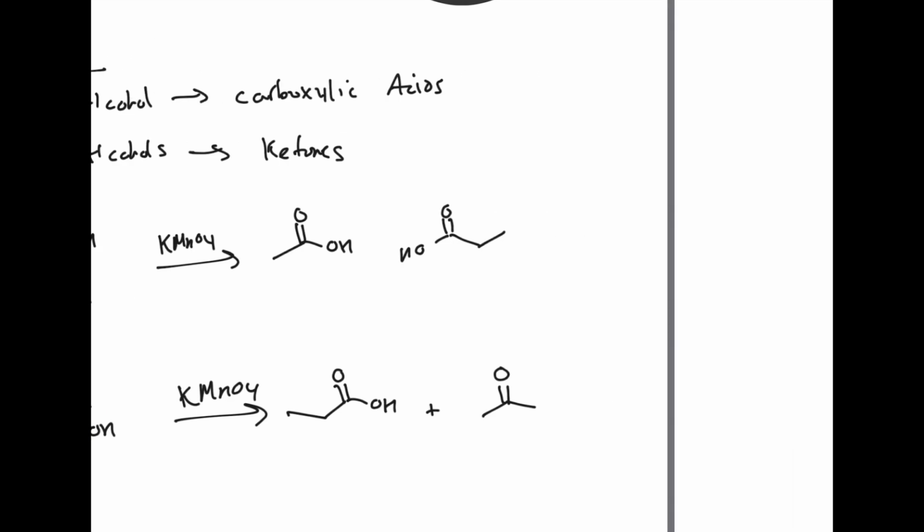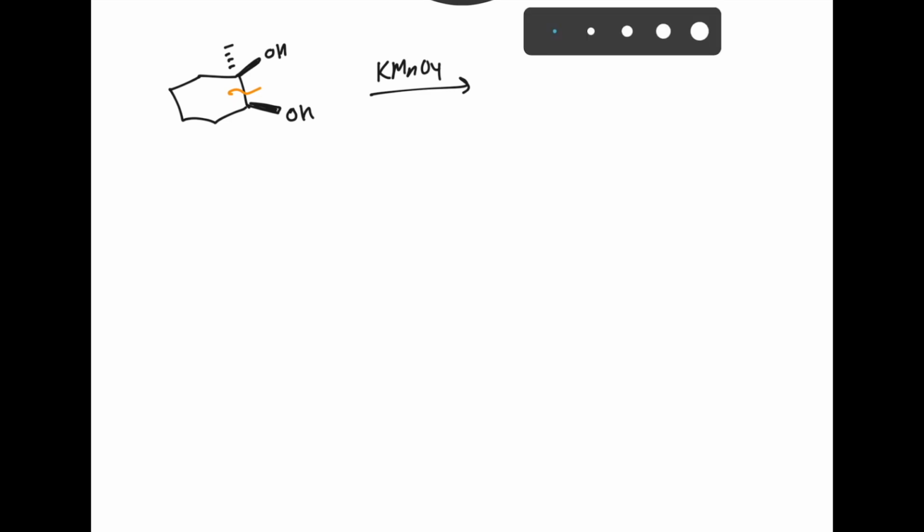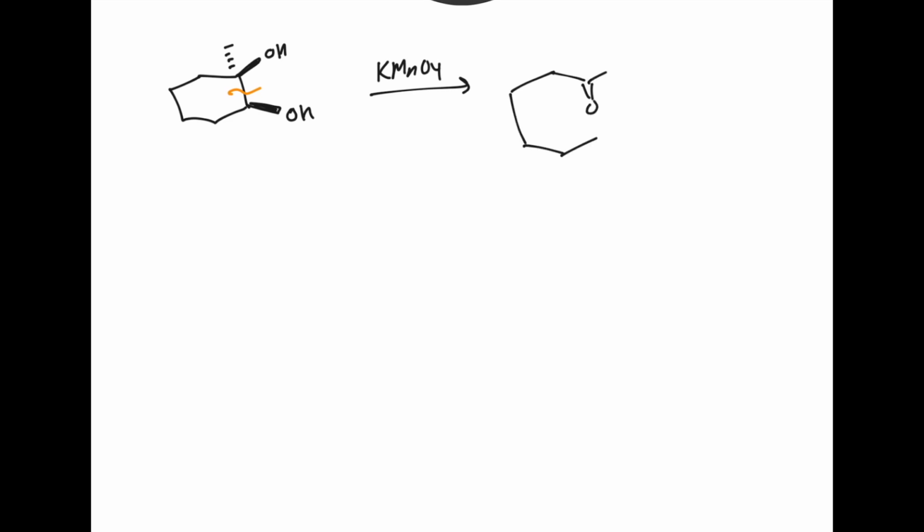So if you have your two alcohols that are cis, all right, we're going to break that carbon-carbon bond. The tertiary alcohol on top gets oxidized once to a ketone. The alcohol on the bottom, the secondary alcohol, gets oxidized to a carboxylic acid.